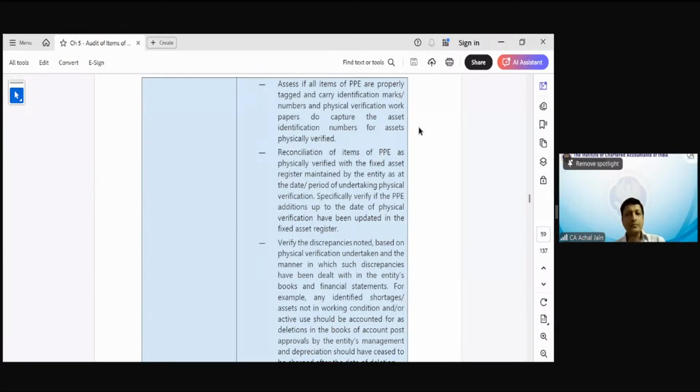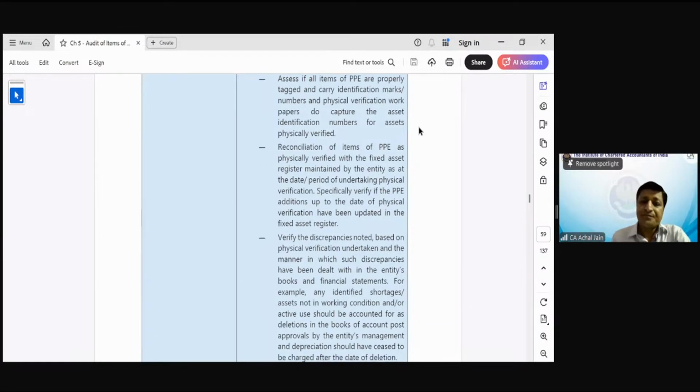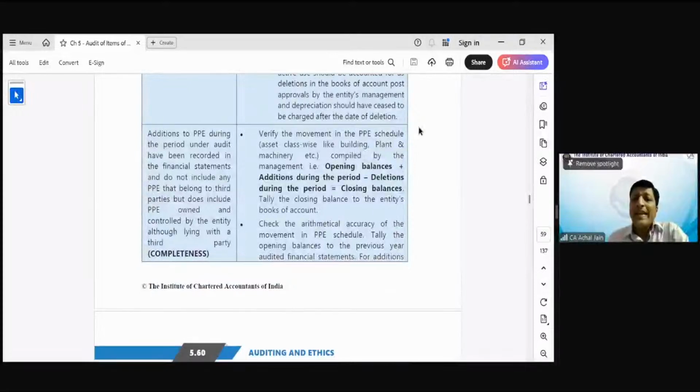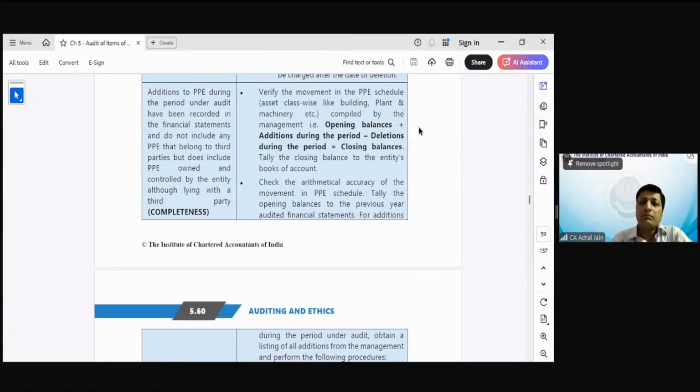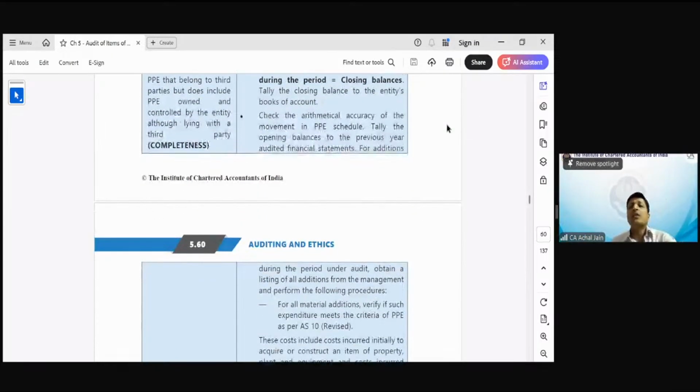Then the next procedure is about the testing part, which you'll do for additions and for deletions. Those tests will involve verification of the invoices, and if there is an agreement for purchases, the values at which they are purchased.